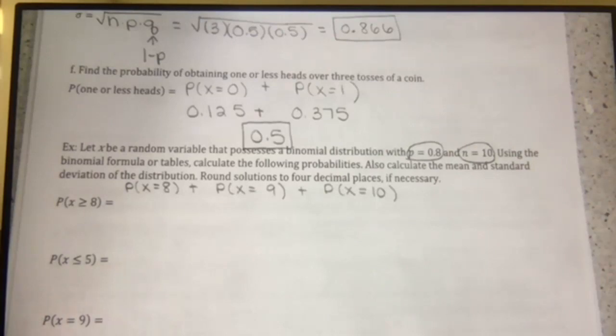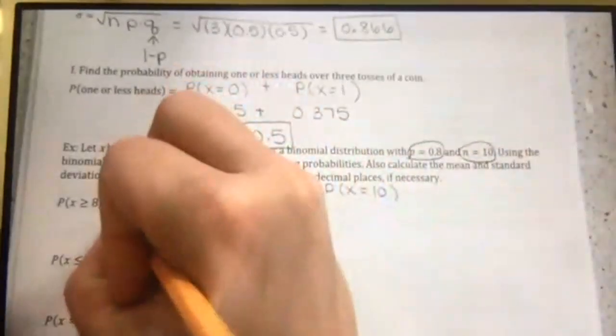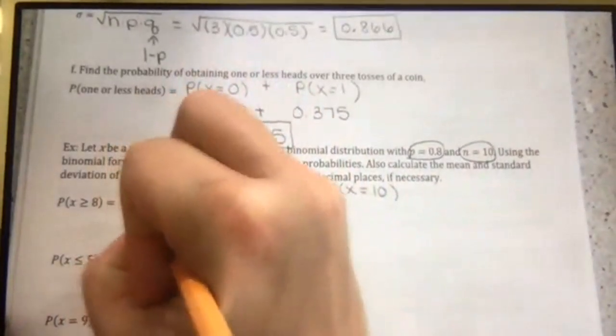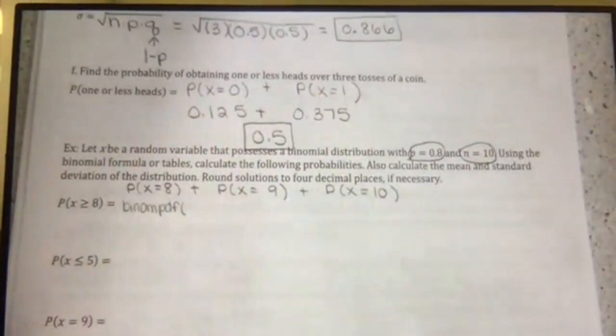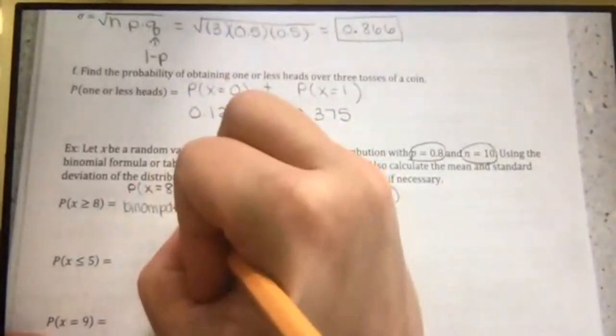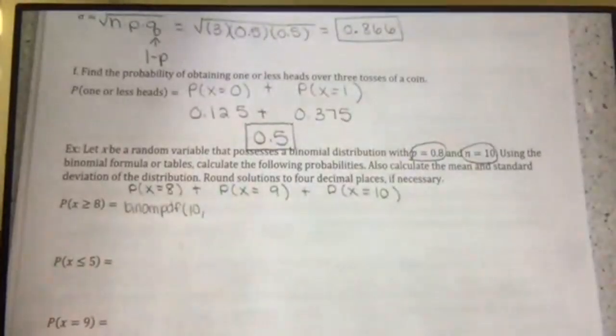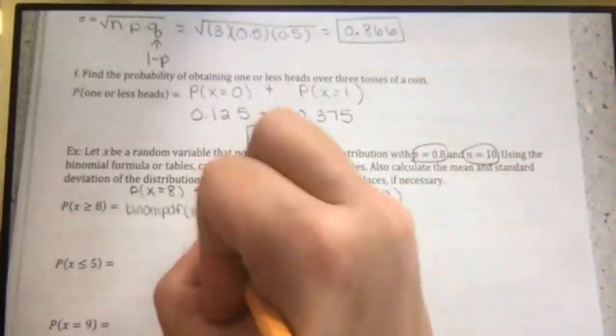So we can either use our table or we can use our calculator. If you use the calculator, it'll look like binom PDF. N, which is our number of trials, is 10. P, which is our probability, they told us is 0.8. And x is 8.